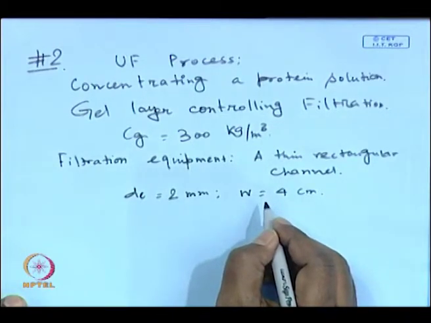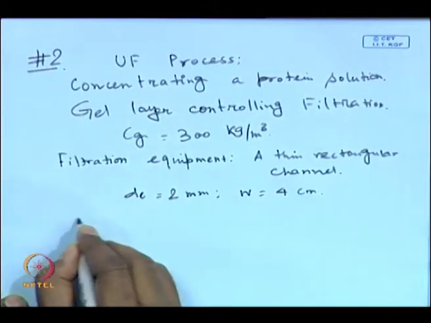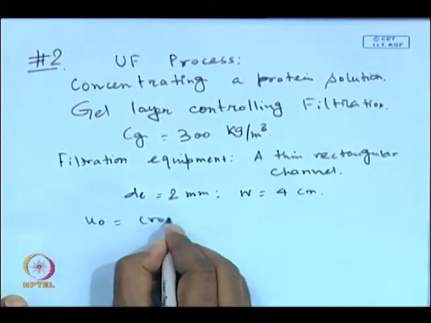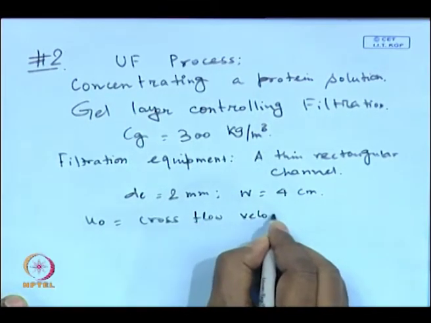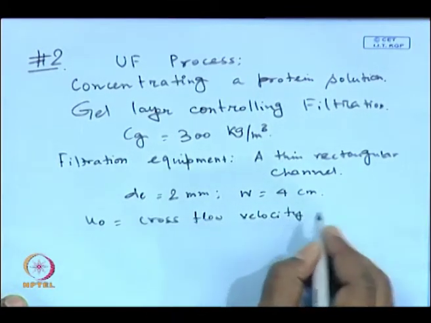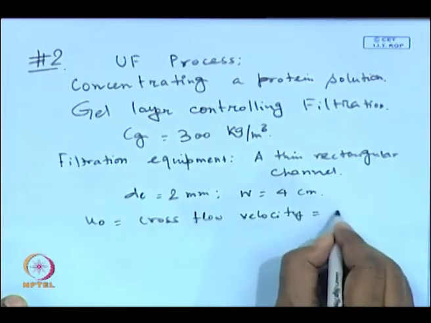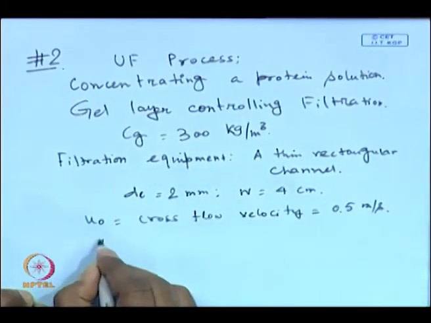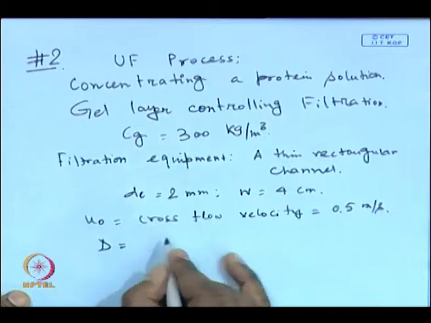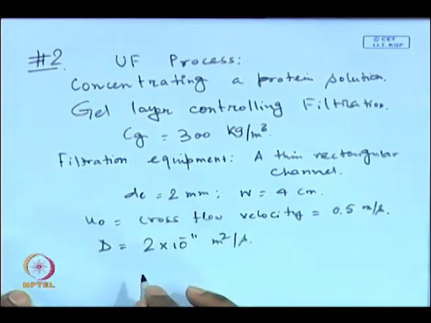The cross flow velocity u naught is given as 0.5 meter per second, and the protein diffusivity in aqueous solution is given as 2 into 10 to the power minus 11 meter square per second.